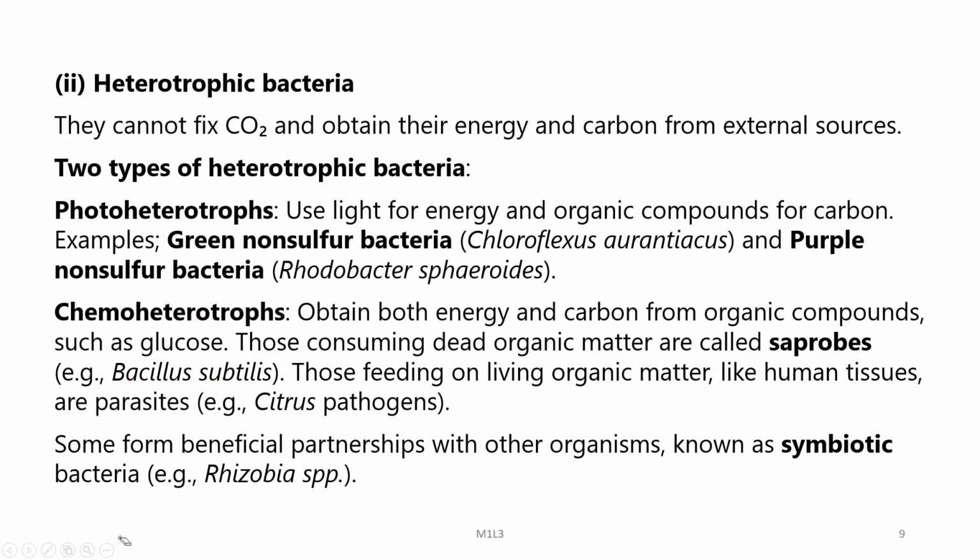Those consuming dead organic matter are called saprobes, for example Bacillus subtilis, and those feeding on living organic matter like human tissues are parasites, for example citrus pathogens. Some form beneficial partnerships with other organisms, and this kind of relationship is known as symbiosis. An example of symbiotic bacteria we have here are the Rhizobia species.